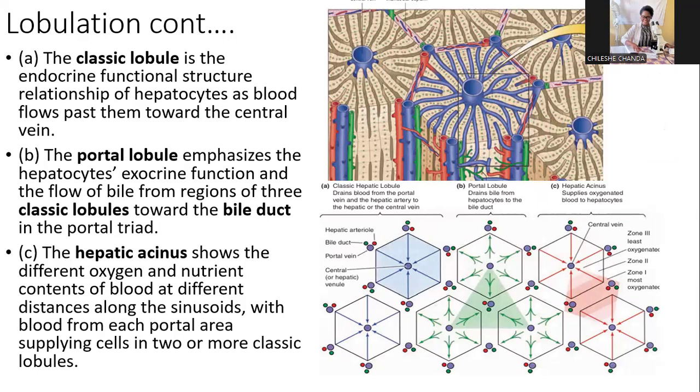Now, these lobules are divided into 3 types. One, we have the classic lobule, the one shown here, the one that has all the blue in it. The classic lobule is the endocrine functional structure, which has a relationship between hepatocytes and blood.